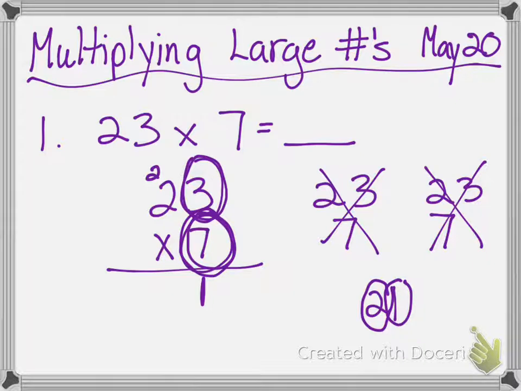Okay. Now we are going to do the ones multiply by the tens. So 7 times 2, or 2 times 7, is 14. Then you're going to add the extra 2 tens. So 14 plus 2, write down your answer.